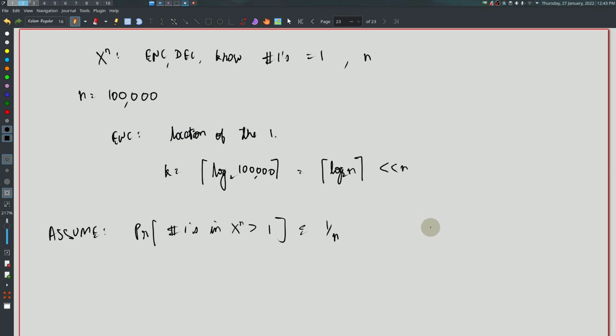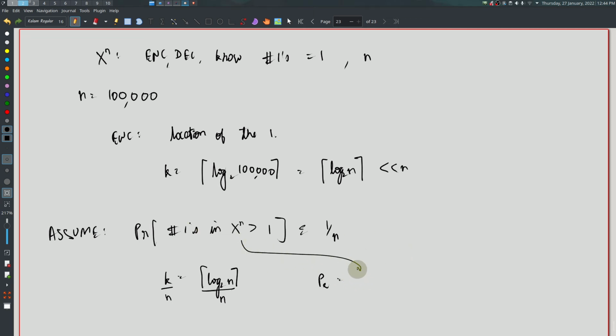And remember, our goal is to construct a fixed length compressor for which the probability of error is vanishing in n and the rate is as small as possible, right? K is as small as possible. Now you can use the same approach. You can just use log n symbols, take K equal to C log n. So the rate is K over n equal to log n over n. And you make an error if the number of ones is strictly larger than 1.